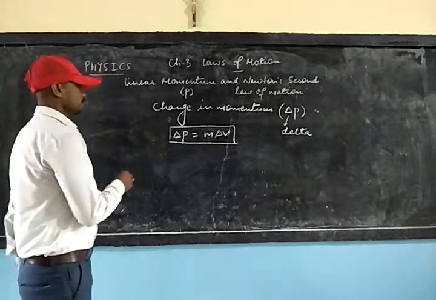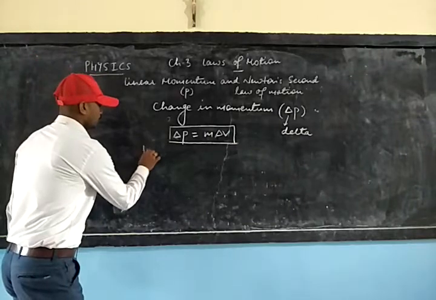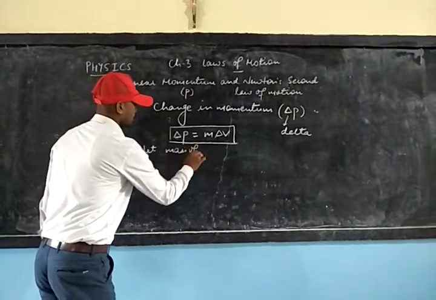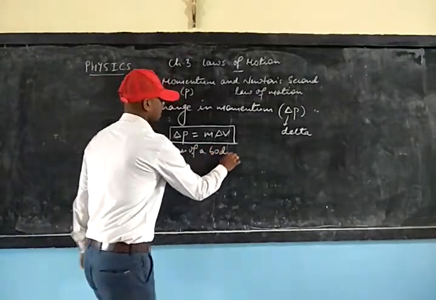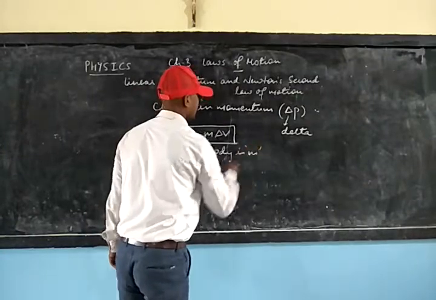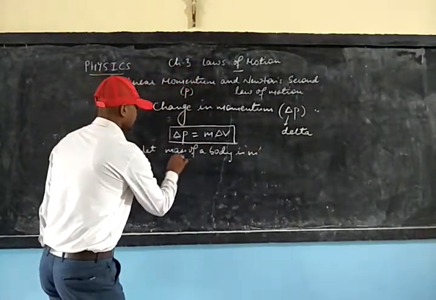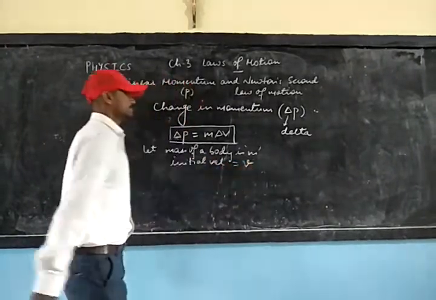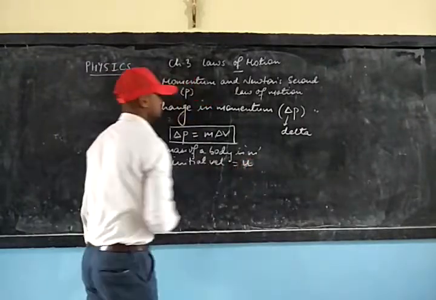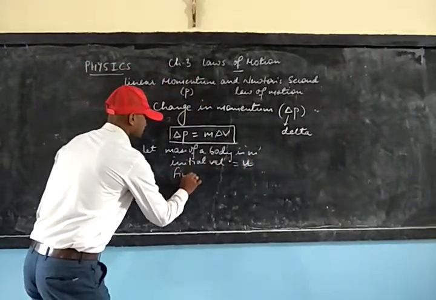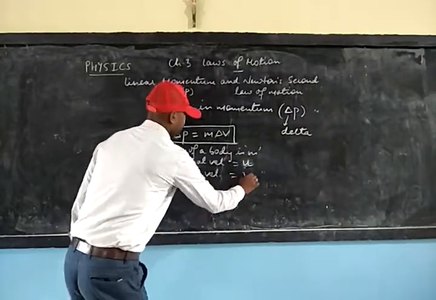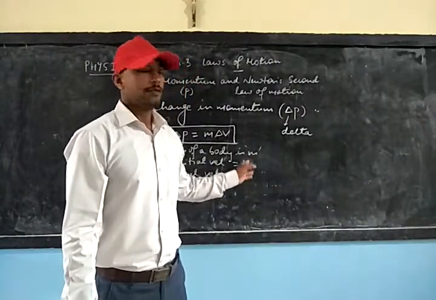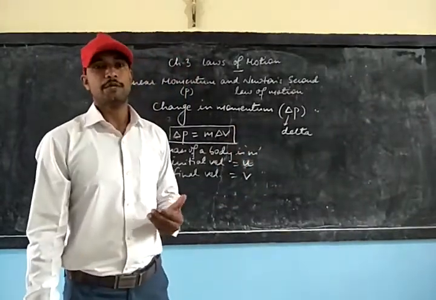Let us try to understand this. Let the mass of a body be m and the initial velocity be u. We can consider the final velocity as v. The final velocity is what we get when there is change in the velocity of a body.